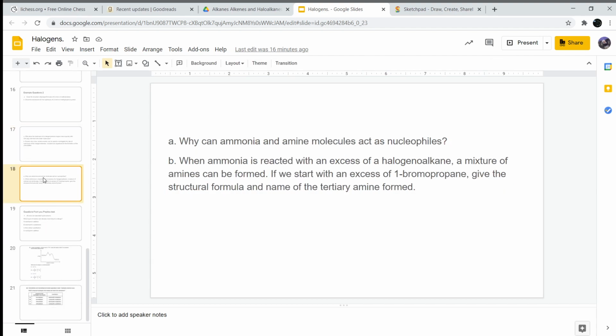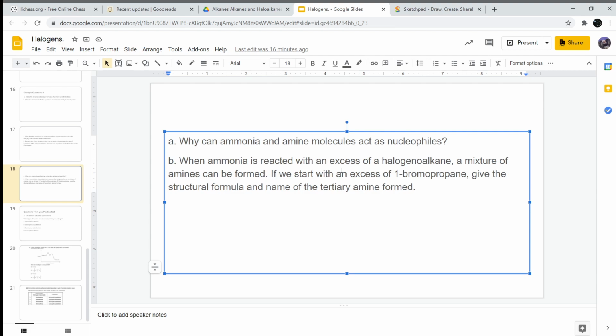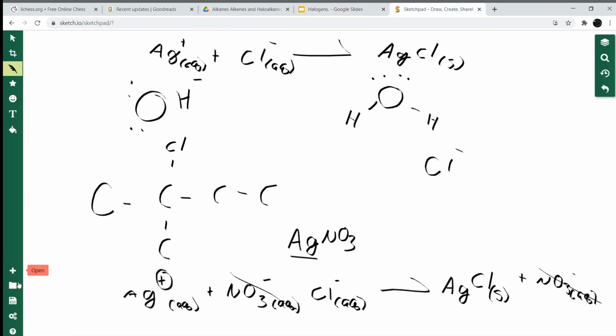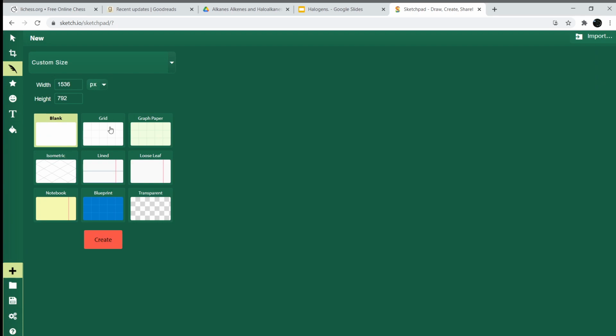Okay. The next set of questions is asking more about ammonia. In question A, it's asking why ammonia and amine molecules can act as nucleophiles. Okay. So in order to understand this, we're going to have to draw it out. And ammonia is NH3.